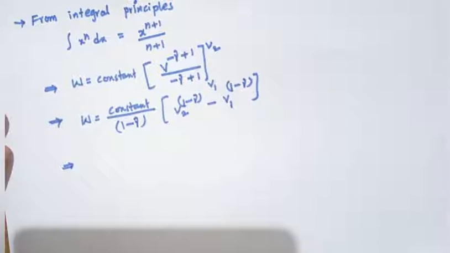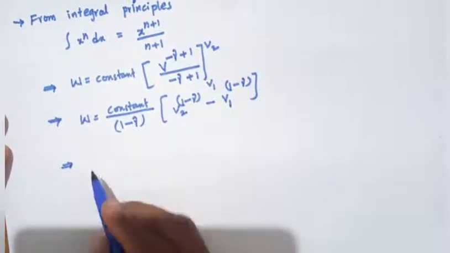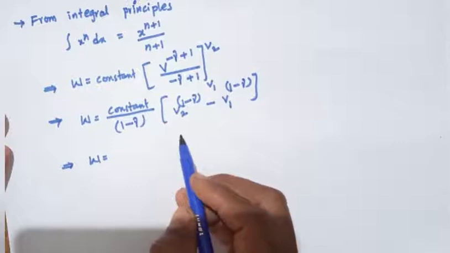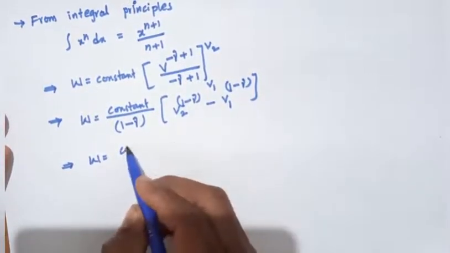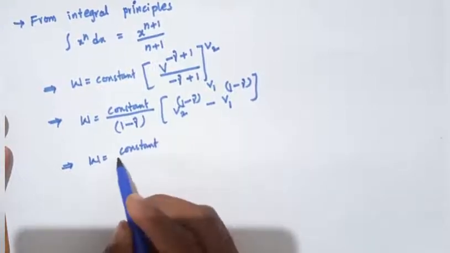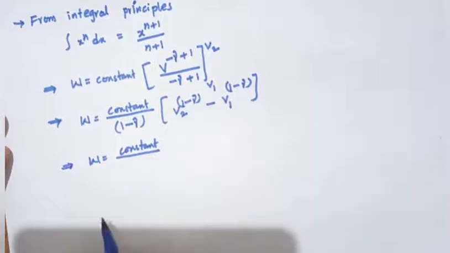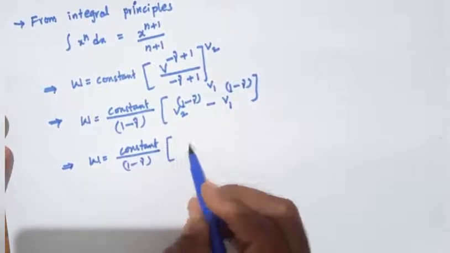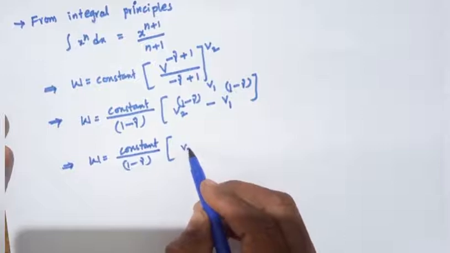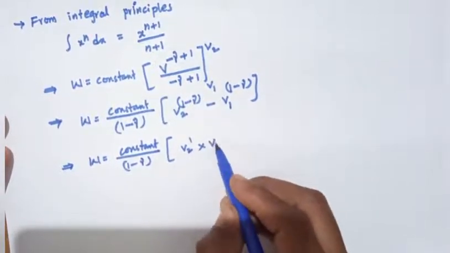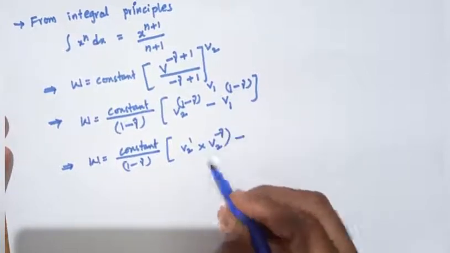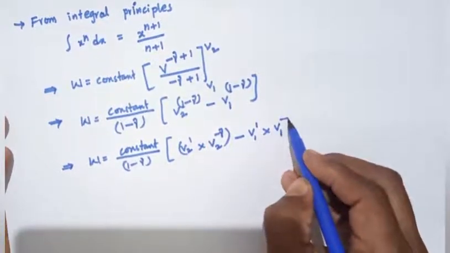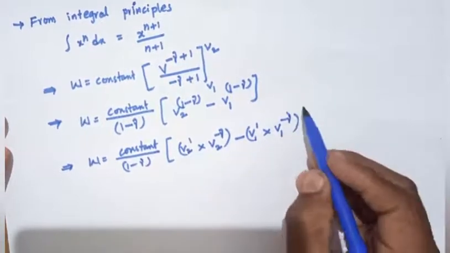So now it is also written as W equals to constant divided by 1 minus gamma into, written separately, V2 power of 1 into V2 power of minus gamma minus V1 power of 1 into V1 power of minus gamma. It cannot change the value.